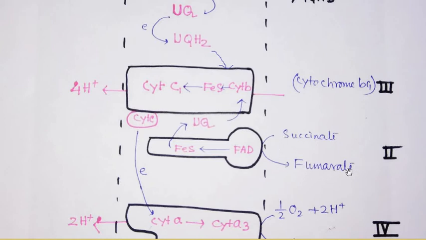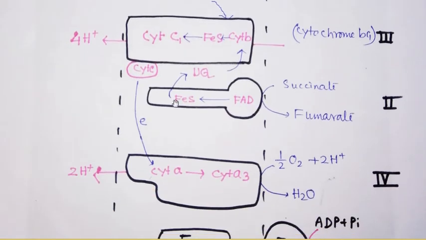That means in the Krebs cycle, fumarate is produced from succinate, and during this formation FADH2 is produced, and this FADH2 releases its electron to the FeS and ubiquinone, and this ubiquinone transfers this electron to the cytochrome B of complex 3. During this electron transfer, no H+ ions are pumped to the outer chamber.